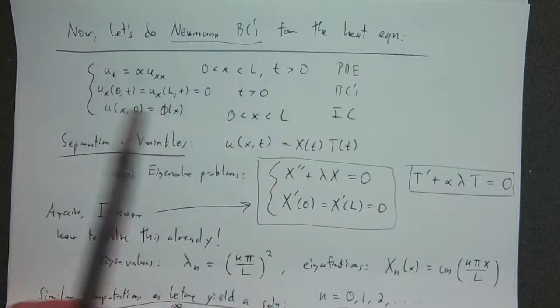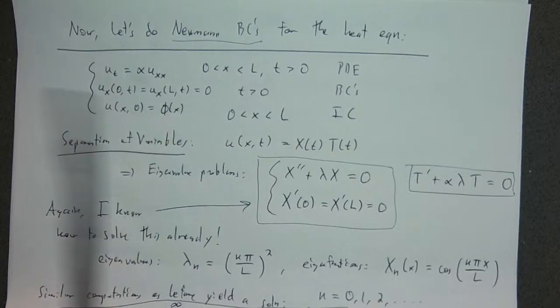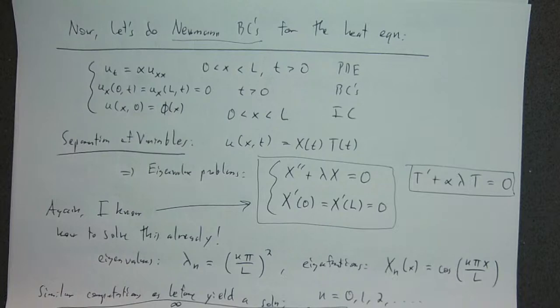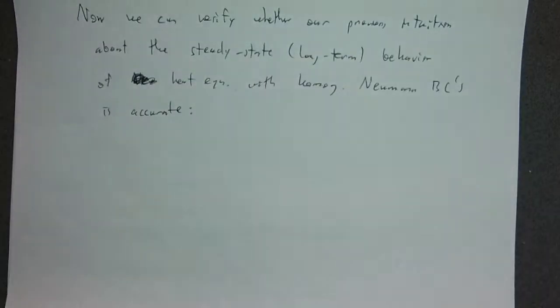And at some initial time, I have a distribution of heat here given by this initial data phi of x. Okay. Now, what was our intuition for how the steady state solution for this should behave? Our idea was that this should go to the average of the initial temperature.